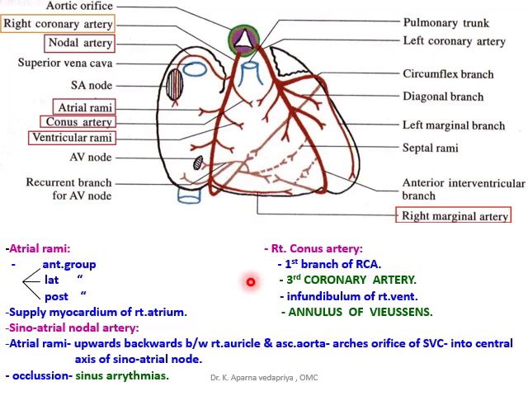This condition is called the annulus of Vieussens. It is an infundibular anastomosis between the right conus artery, which is a branch of the right coronary artery, and the left conus artery, which is a branch of the left coronary artery, in front of the pulmonary trunk, that is, at the infundibulum of the pulmonary trunk.